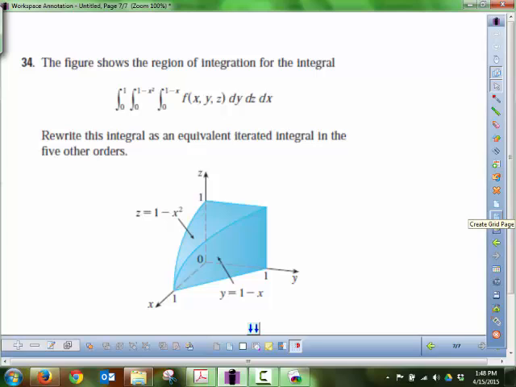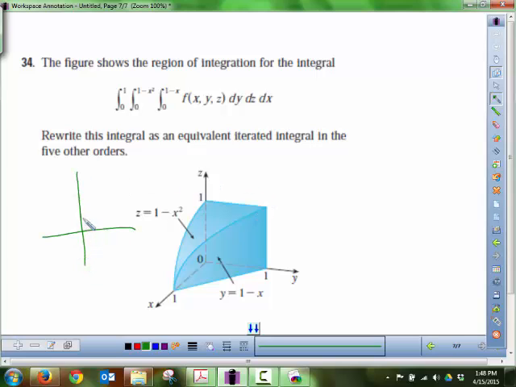Okay, let's redo this with respect to x. So what's happening is that if you integrate this with respect to x, we have to look at what happens on the yz. And it looks like there's this place in the yz where our curve changes.